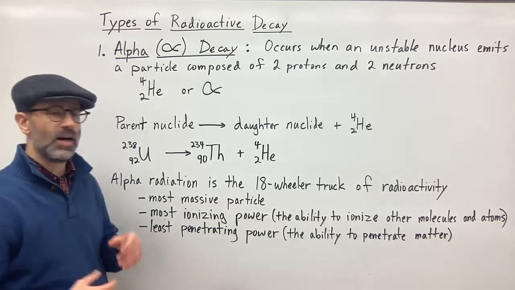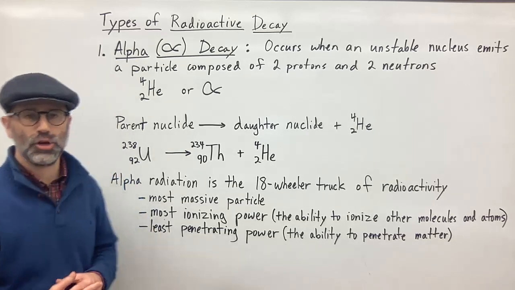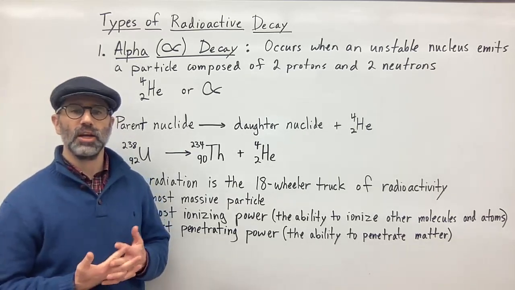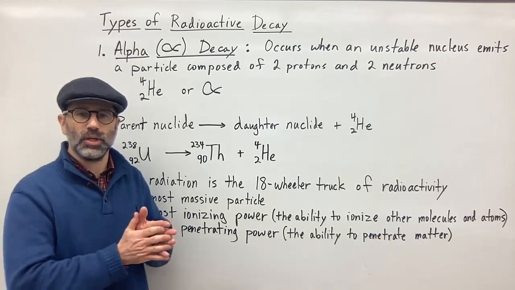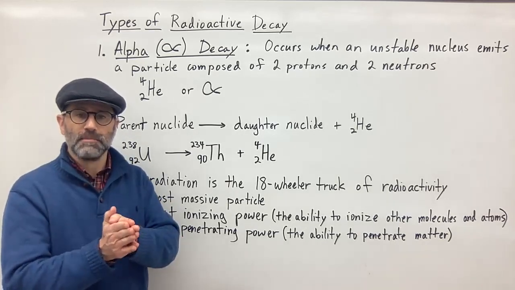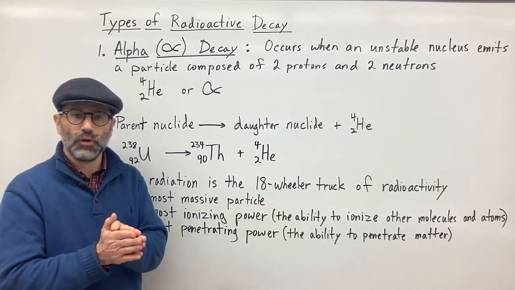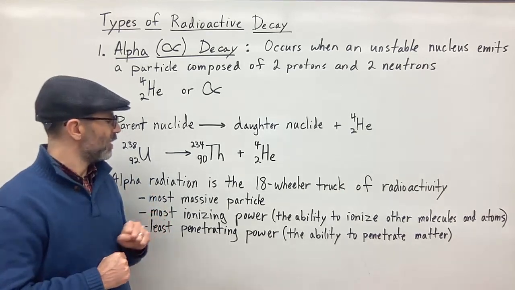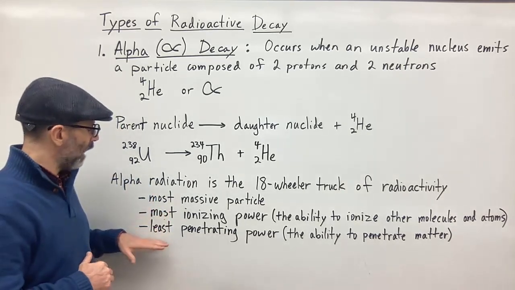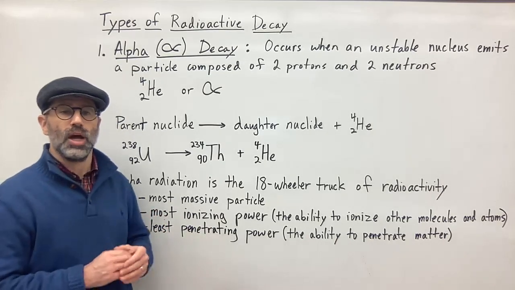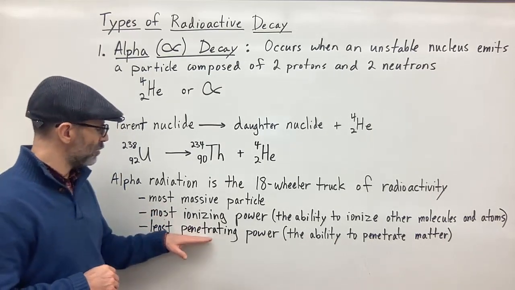If you think of an 18-wheeler truck trying to get through traffic, it's not going to go very far. So the alpha particle, because it's so huge, has the least penetrating power.